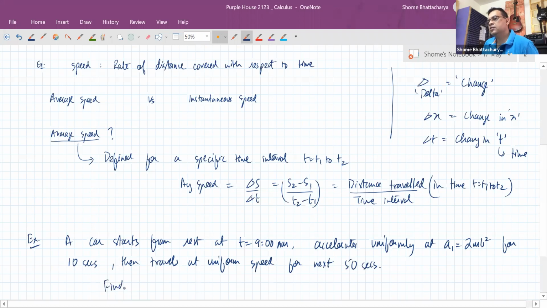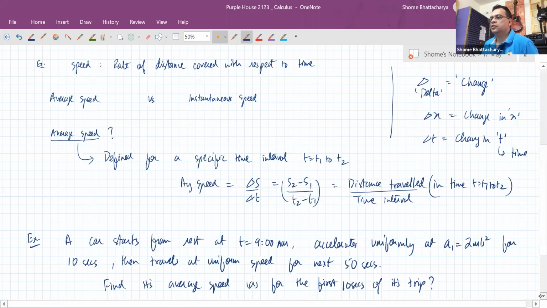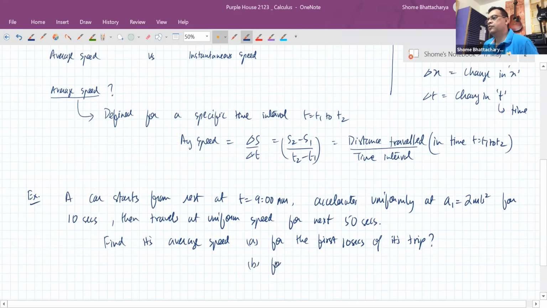Find its average speed for the first 10 seconds of its trip, for the first 30 seconds of its trip, and for the entire trip of 60 seconds.